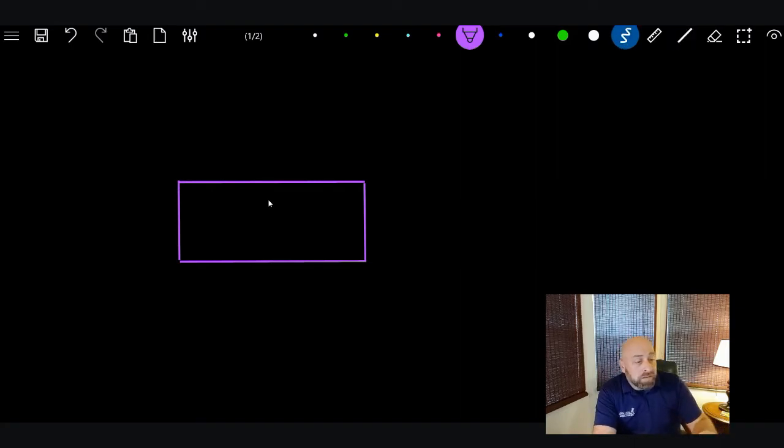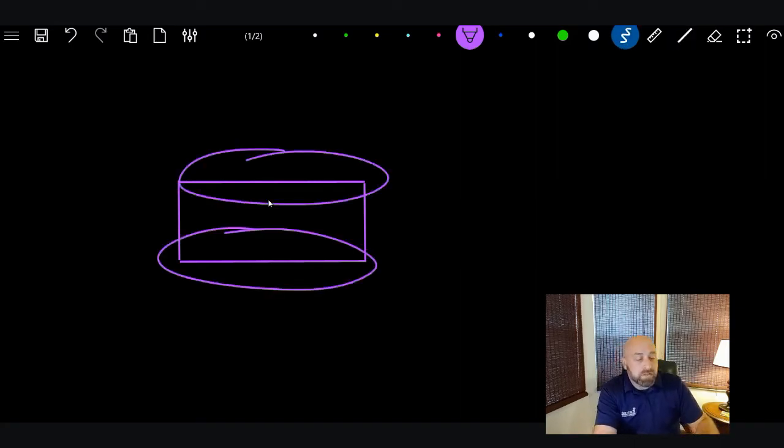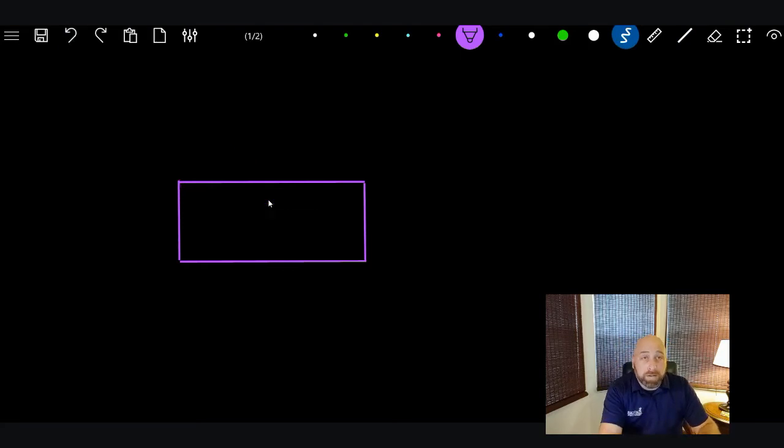In other words, the top and bottom must be parallel, and the left side and the right side must be parallel. If all those things are parallel, then I have a quadrilateral, but I have a parallelogram. One way to prove that, because we prove things in geometry, it's kind of what we do, is to prove that all of these are right angles.